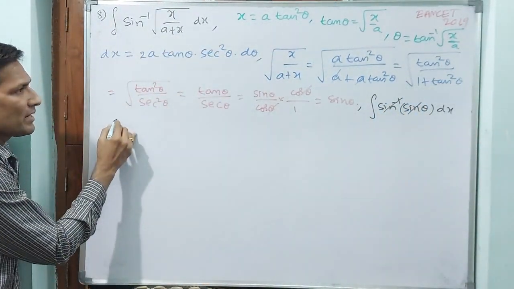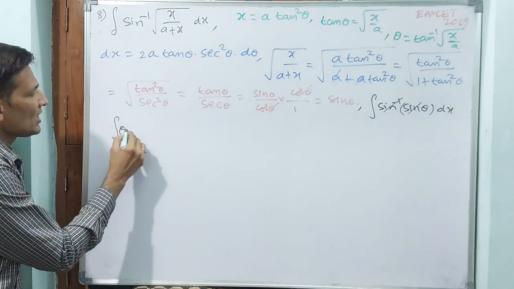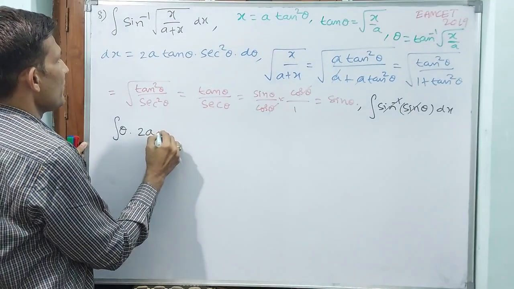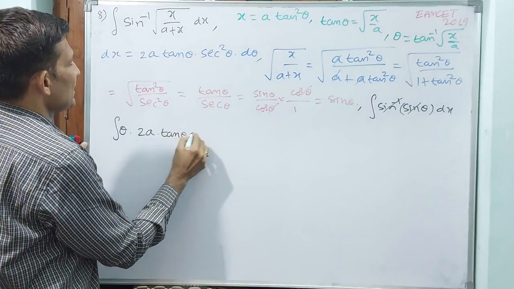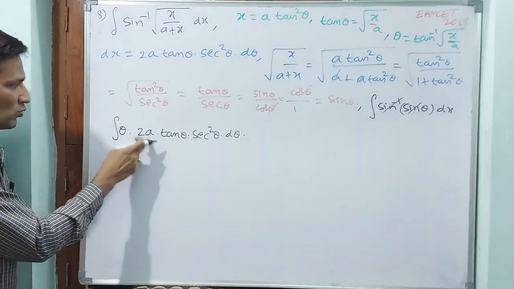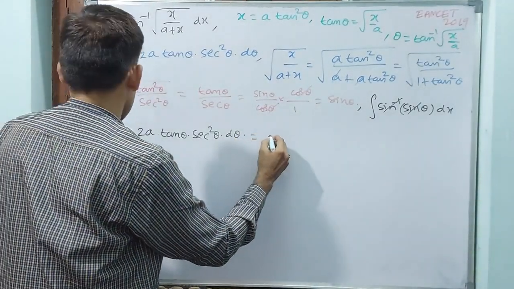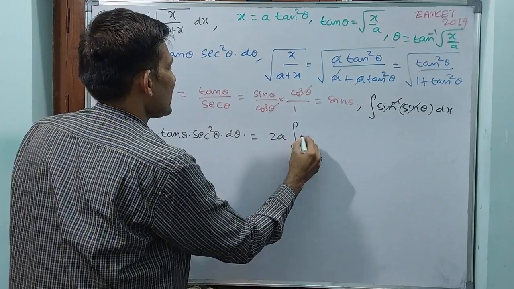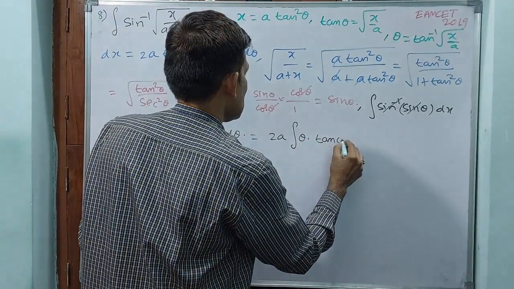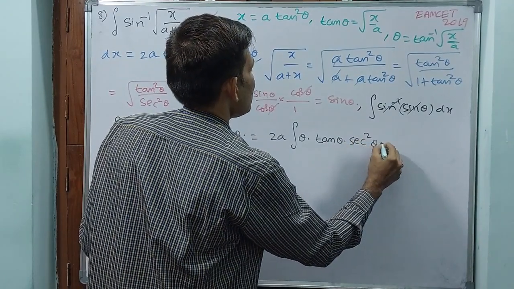Okay, you see what I am writing here. Integral theta dx. Dx means this much you have to write fully: 2a tan theta secant square theta d theta. Now this 2a you take out. 2a integral theta tan theta secant square theta d theta.